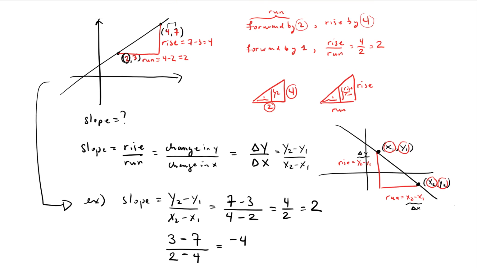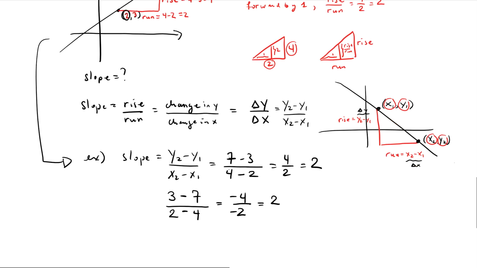I'm going to get minus 4 here and minus 2, but after simplifying, that's still 2. So in fact, it doesn't matter in which order I choose my points, okay? So I told you typically choose x2 to be larger than x1. That's because you're going to end up with a positive here. But if you don't, you're going to end up with a negative.